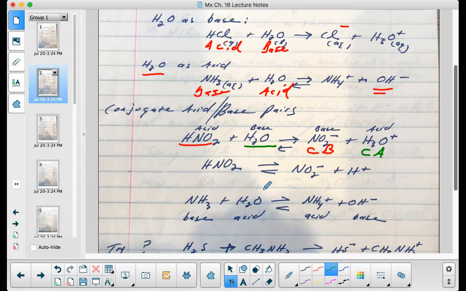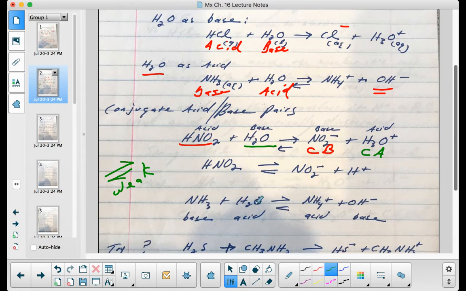But oftentimes, if we're not necessarily interested in identifying them as conjugate acid-base pairs, we might just show the ionization of this acid like this. This has double arrows, and we're going to see these double arrows as we move on a little bit further, but you use double arrows to indicate a weak acid or weak base.